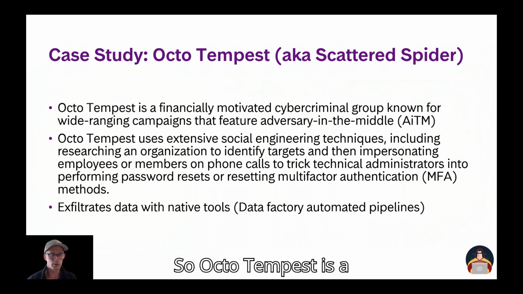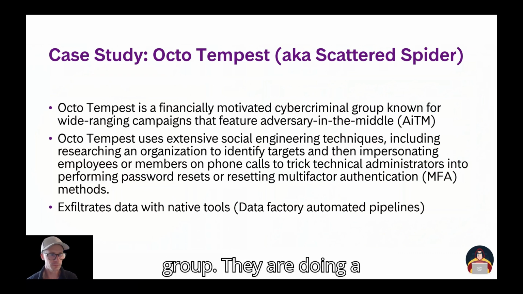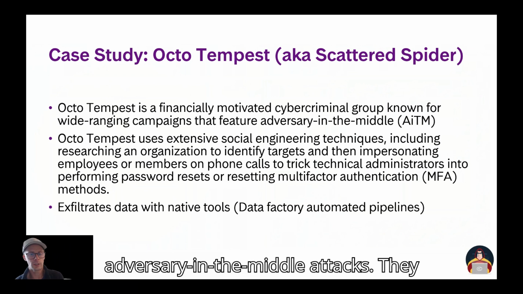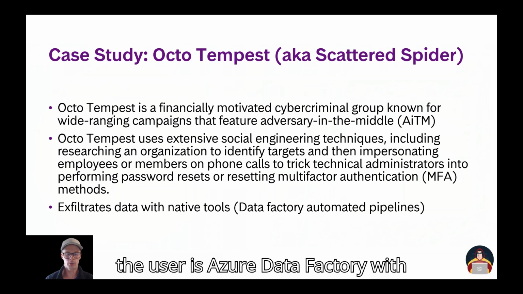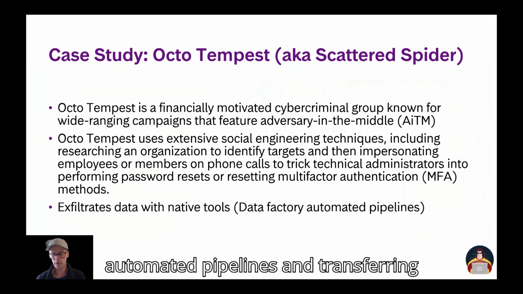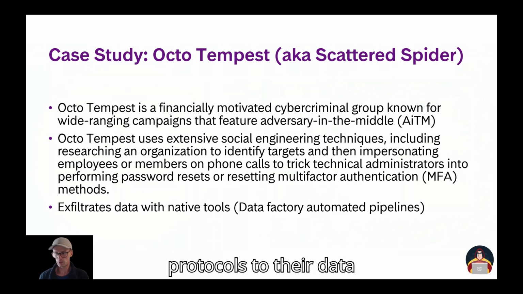Octo Tempest is a financially motivated cybercriminal group. They are doing a wide range of adversary-in-the-middle attacks. They are also using native tools to exfiltrate data. They use Azure Data Factory with automated pipelines, transferring data with secure file protocols to their data centers.